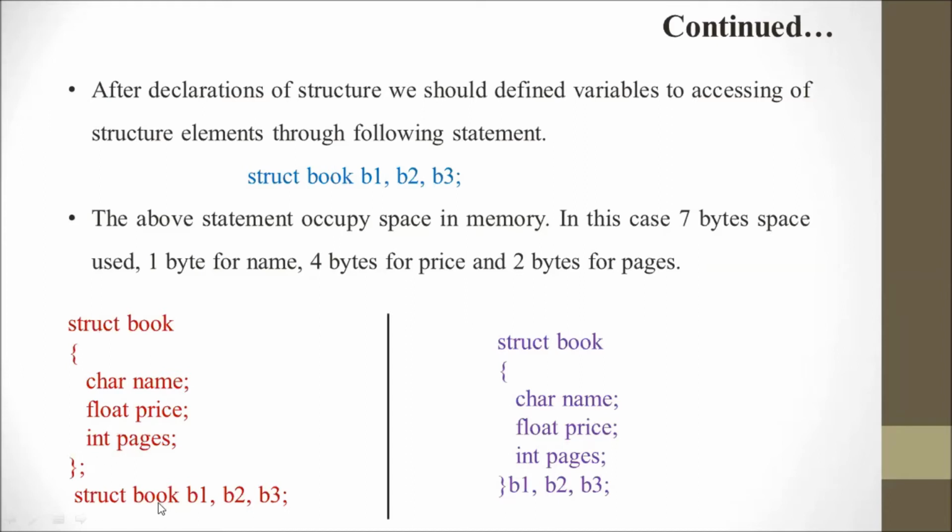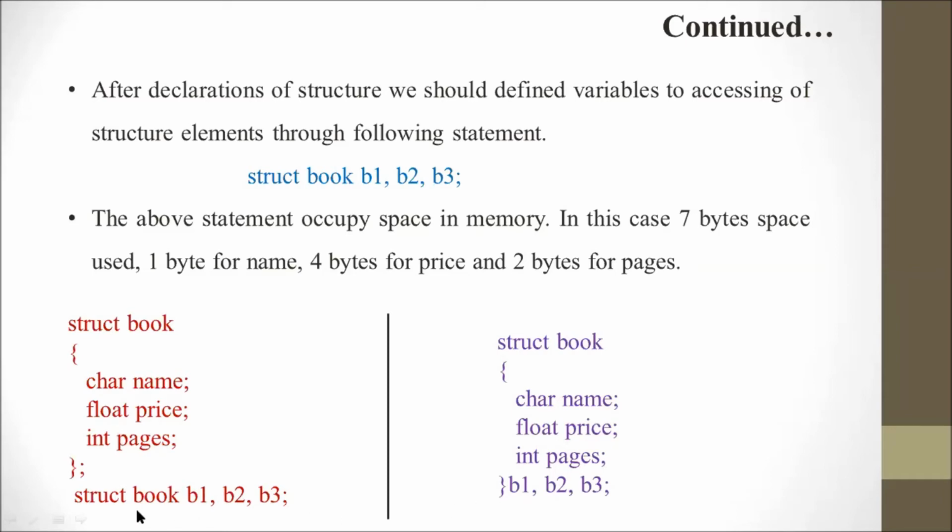And this is the variable. We use a variable, so we can use struct book. This form is used to declare the variable, and there is a different form we can use too, and both are valid.